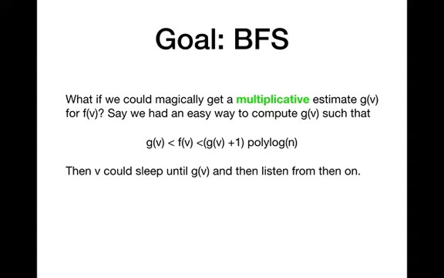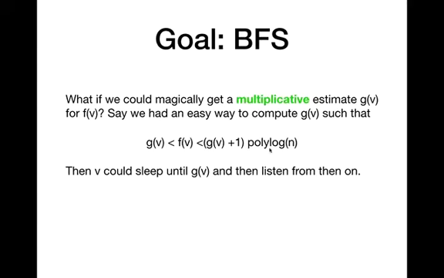What if we could magically get a multiplicative estimate? That is, suppose we had an easy way to compute a function g of v such that the true graphical distance is between g of v and g of v plus 1 times polylog n. Well, then v could sleep until time g of v and listen from then on for polylog steps until time g of v plus 1 times polylog n.